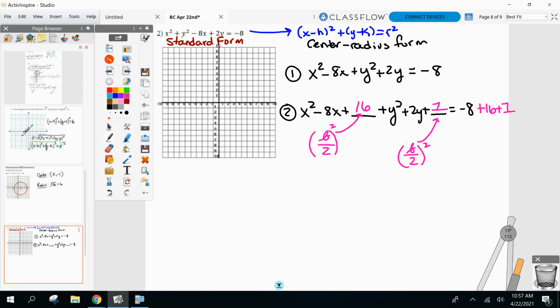All right, so that's how I find that number. Now, watch what I mean by completing the square. x squared minus 8x plus 16, factor it. Two numbers that multiply to 16 but add to negative 8: negative 4. They're always the same.